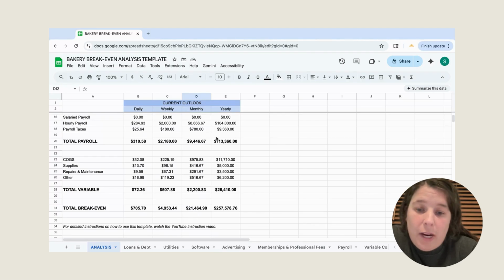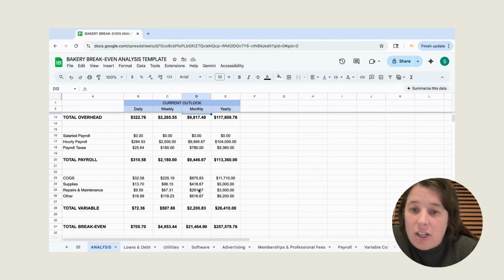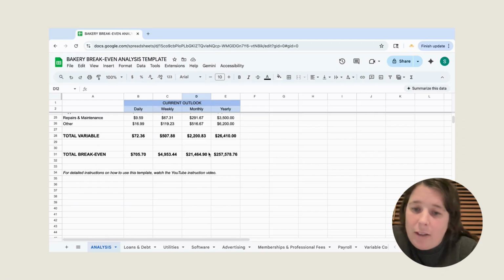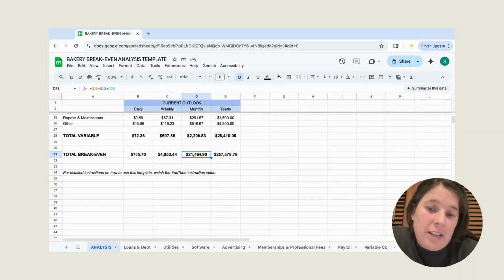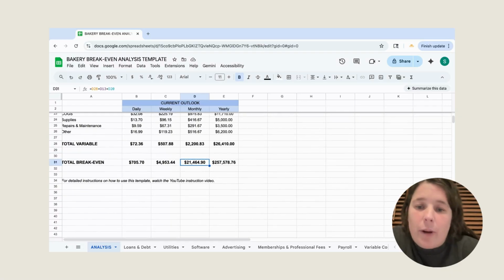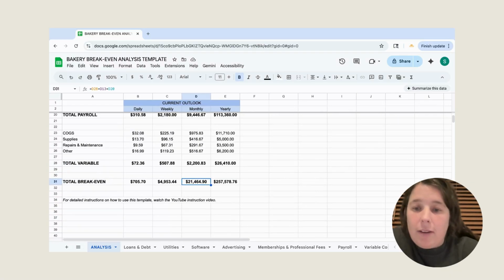And so the total break even for this fake imaginary business with wild numbers that I just typed in ends up being $21,464.90 a month is what this business would have to make in order to break even. That's $5,000 weeks and $700 days. For the year, you'd have to make a little over $250,000 for this business to break even.